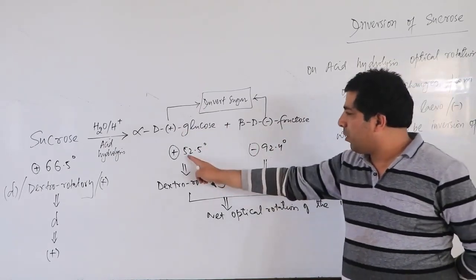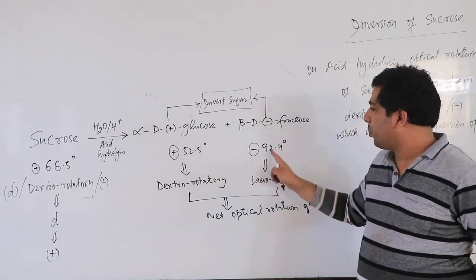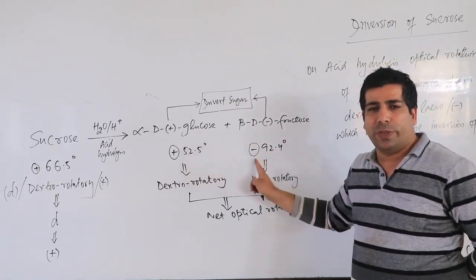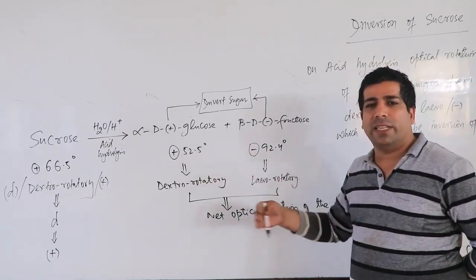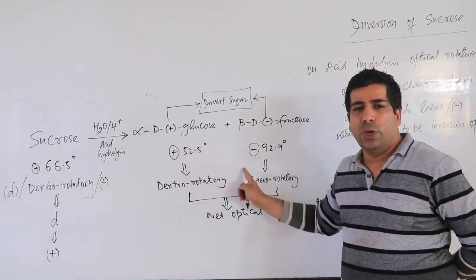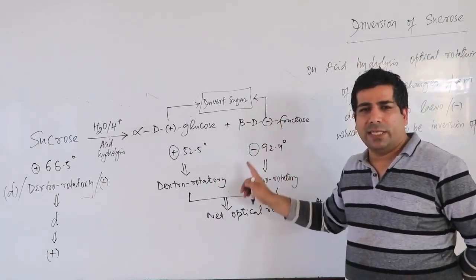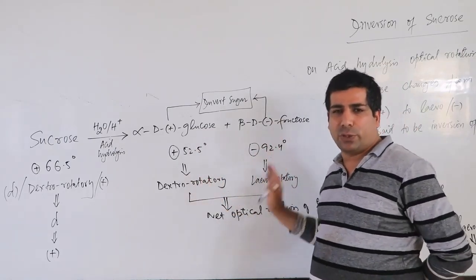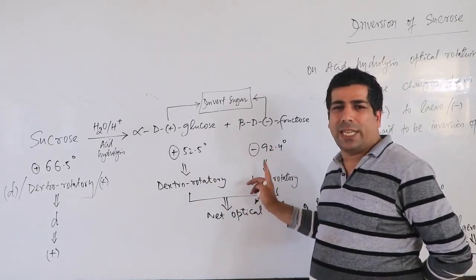And I just found that glucose can rotate the light clockwise, fructose can rotate the light anti-clockwise, so there is a competition between the two because both are present in the same solution, okay? So who will win the race between these two? Fructose will win the race, because in the solution which contains the mixture of alpha D glucose and beta D fructose, fructose has more tendency to rotate the light.